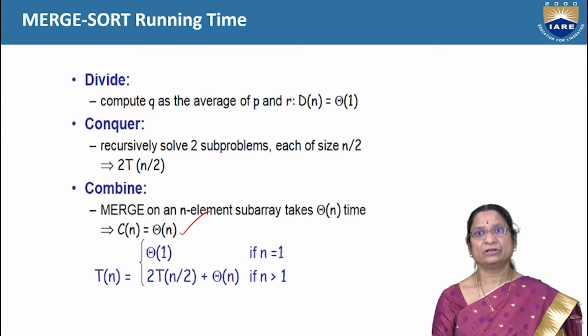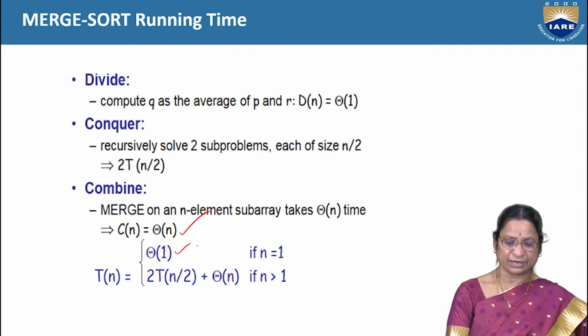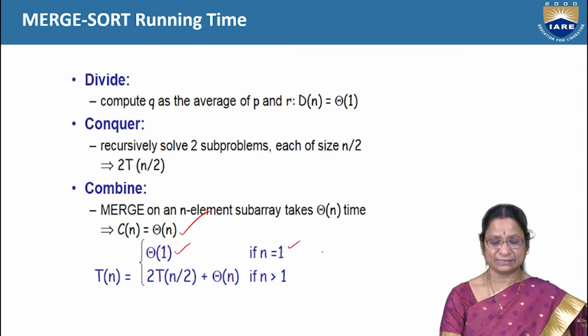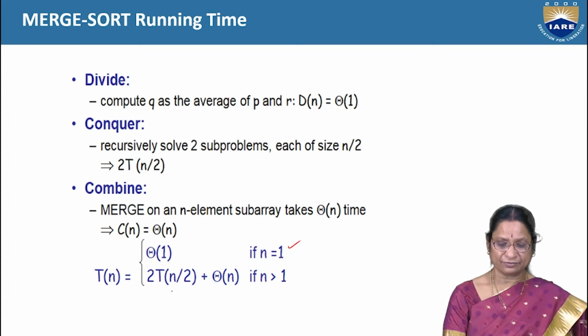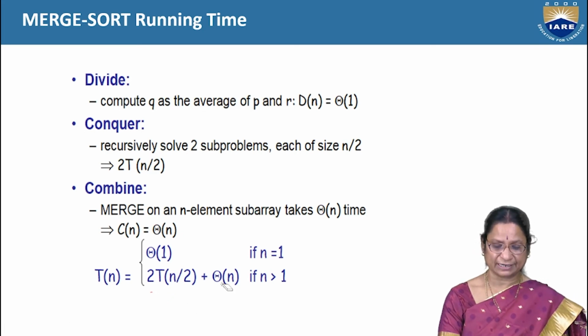So our recurrence relation for merge sort is T of n equals theta of 1 if n is equal to 1, constant time. Otherwise, if n is not equal to 1, it is 2T of n by 2 plus theta of n. The first term is for sorting the 2 sublists recursively, and the second is for the merging process, for n greater than 1.